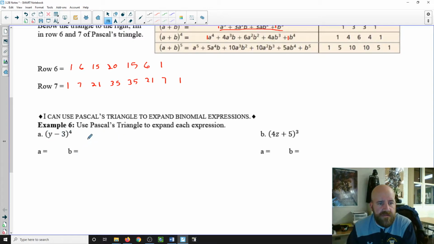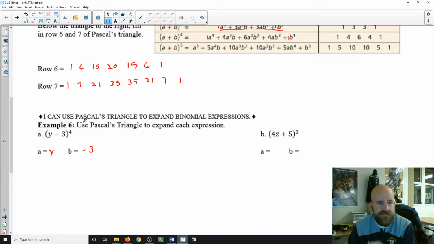Use Pascal's triangle to expand each expression. Our a value is y, and our b value is -3. We're going to use the 4th level, which is the 1, 4, 6, 4, 1.